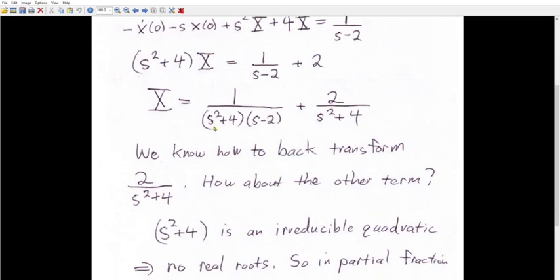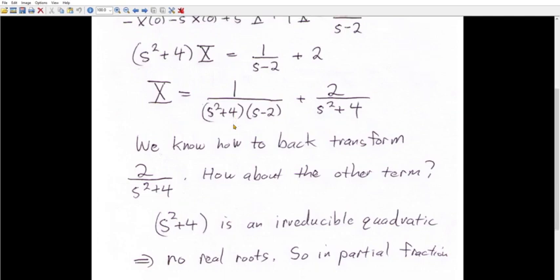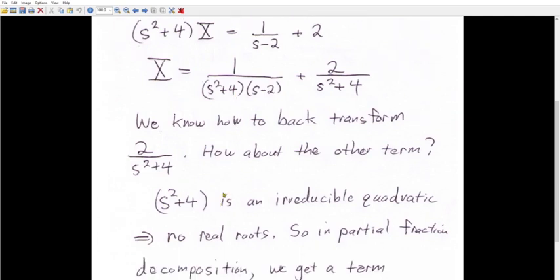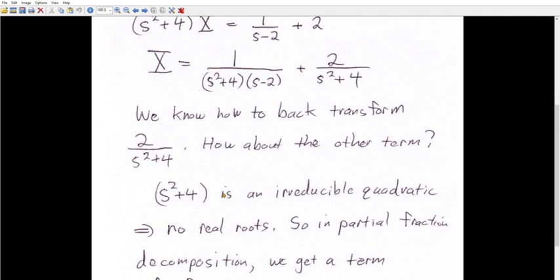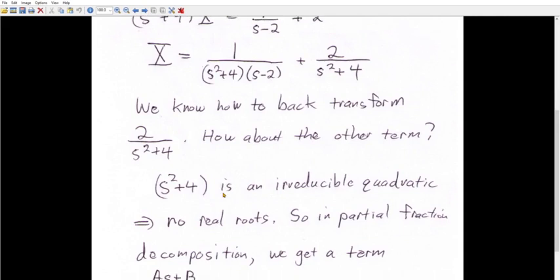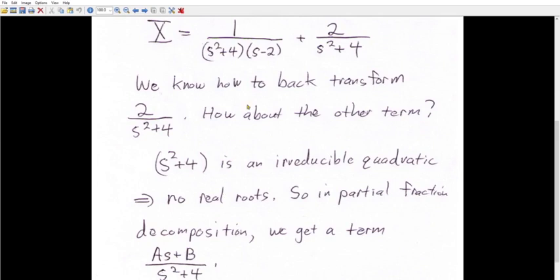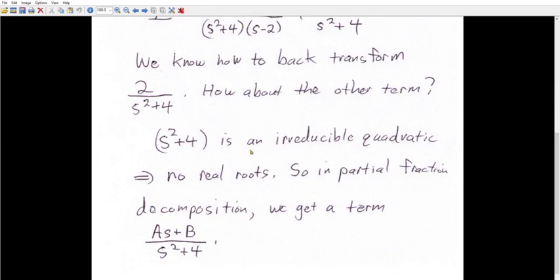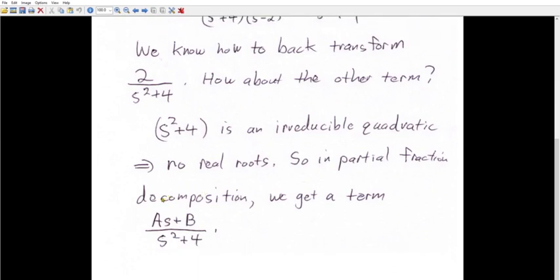What about this? Well, s² + 4 cannot be factored any farther. It's an irreducible quadratic. There are no real roots. So in the partial fraction decomposition, we're going to have that in the denominator, and what sits over the top of that is As + B. So you're looking for a general term that has degree 1 less than your denominator.